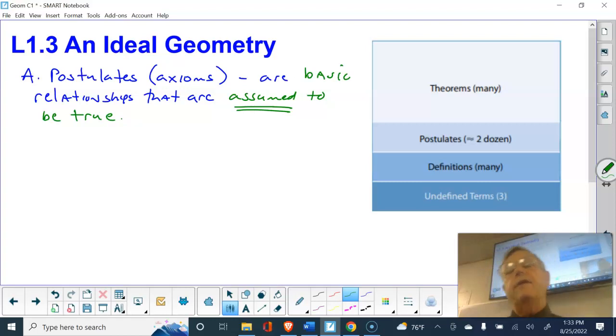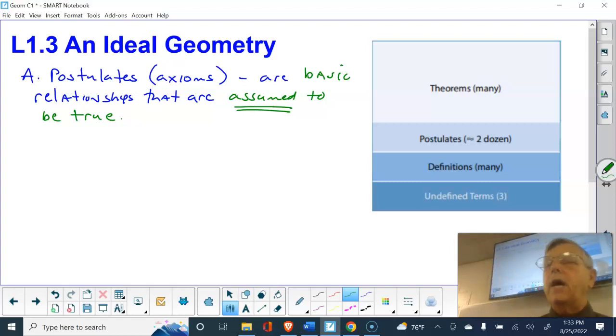So here's the thing. Our definitions we assume to be true. Our postulates we assume to be true. So they're assumed to be true. So if there's any weak link in our geometry, because remember, we want to end up with truth, where we want to end up, we want to make sure that our conclusions are true. Well, we got to use some postulates to end up with proving something to be true.